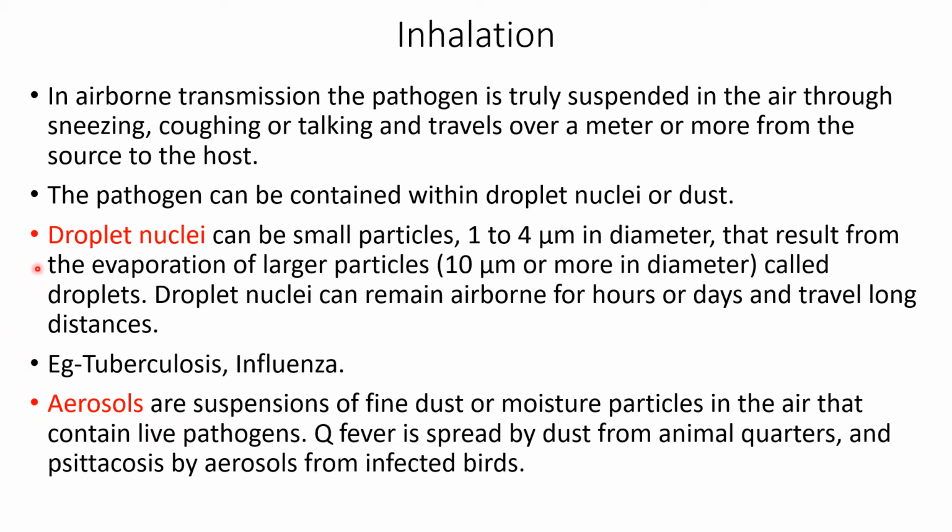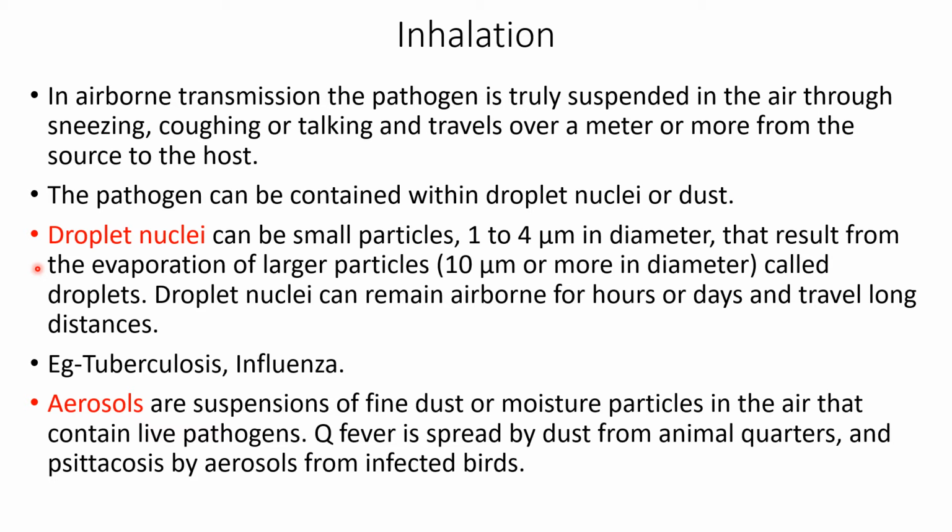What is the difference between the two? Let us see that. Droplet nuclei are small particles about 1 to 4 micrometer in diameter. They result from the evaporation of larger droplets. When the person sneezes or coughs, the droplets will come out and get suspended in the air.